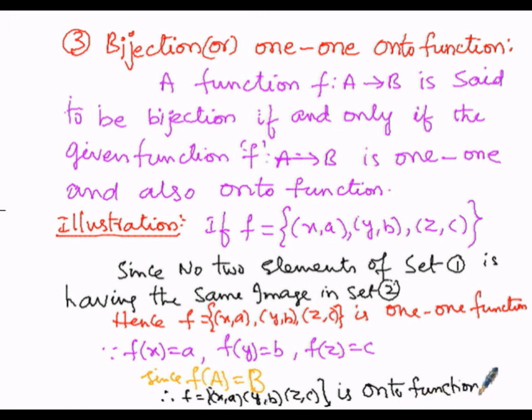The given function is both one to one as well as onto, so the given function is called a bijection.